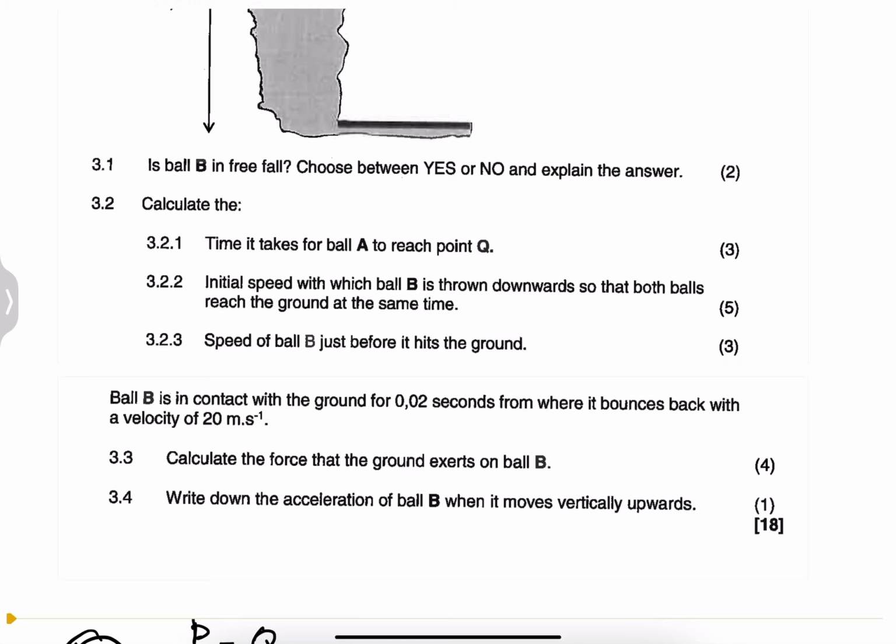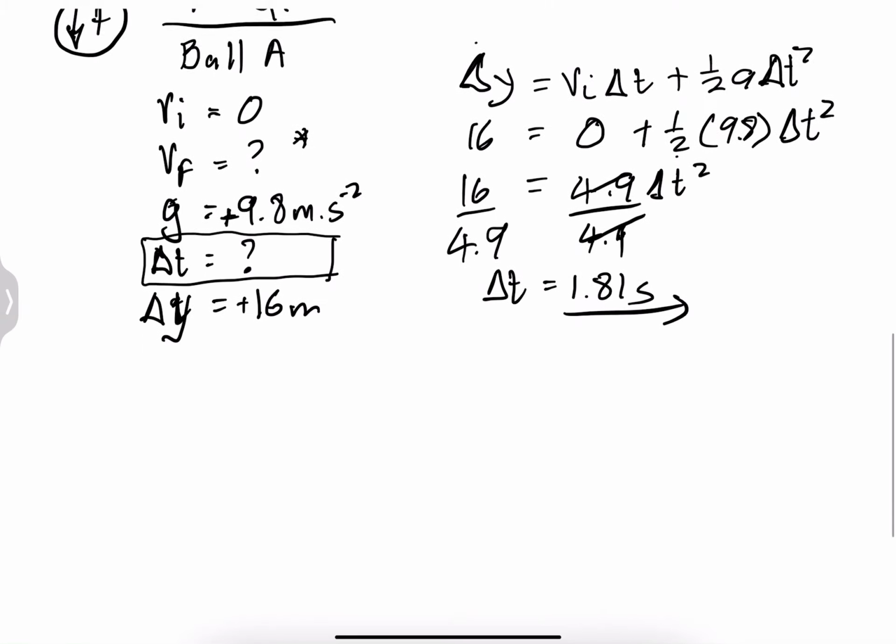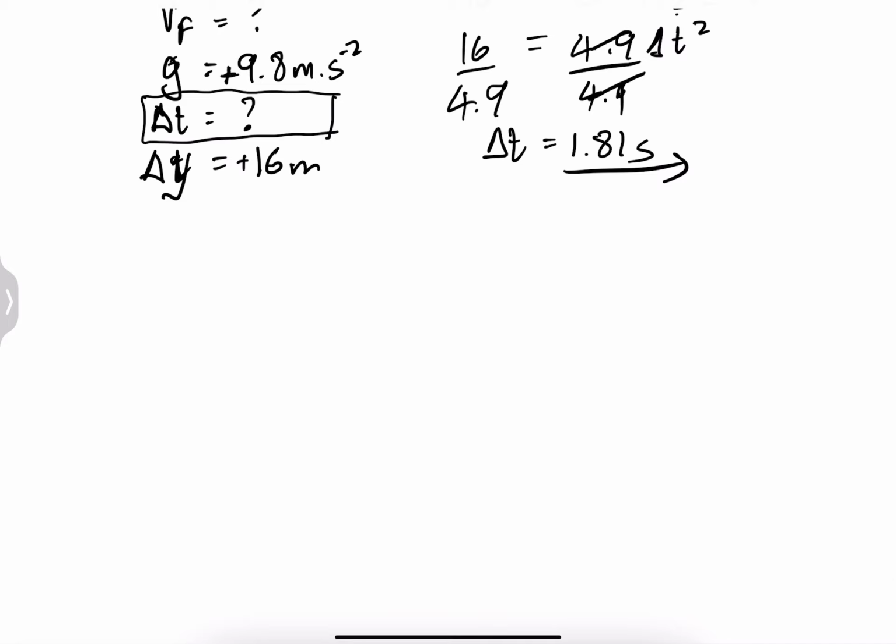Now I want you to please be mindful of the following. Remember, at the time that we dropped A, ball A would have been 16 meters below. It's 16 meters, the difference there.